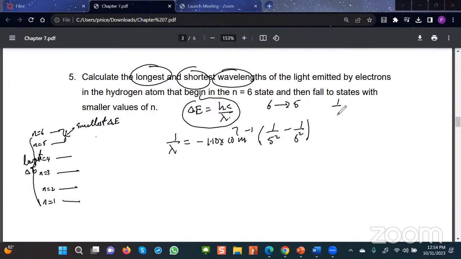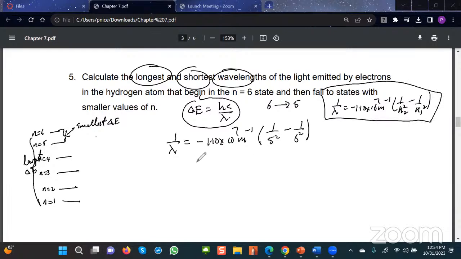We're using 1 over lambda is equal to minus 1.10 times 10 to the 7 meters to the minus 1 times 1 over n2 squared minus 1 over n1 squared, all right? This is the formula that we're using. So what we're doing now is calculating for the longest wavelength, lambda. So basically, let's work out what's within the parentheses first.